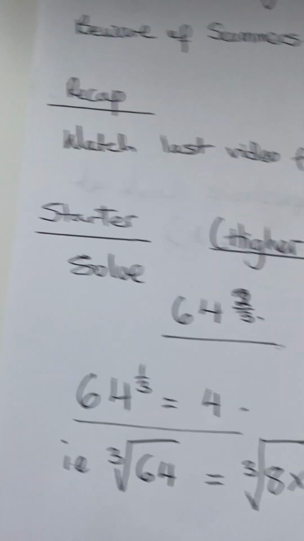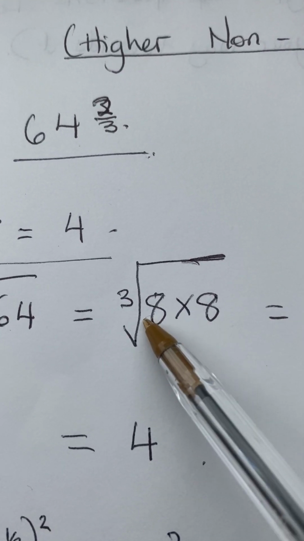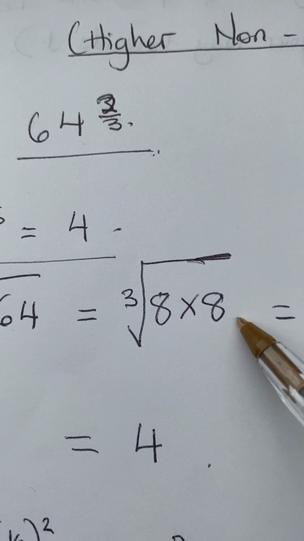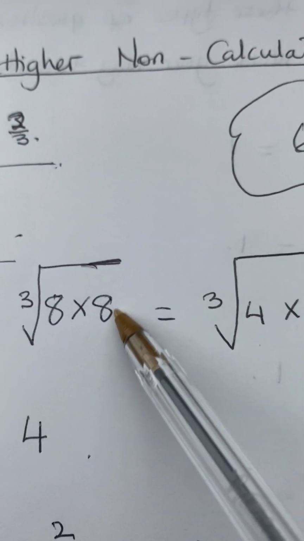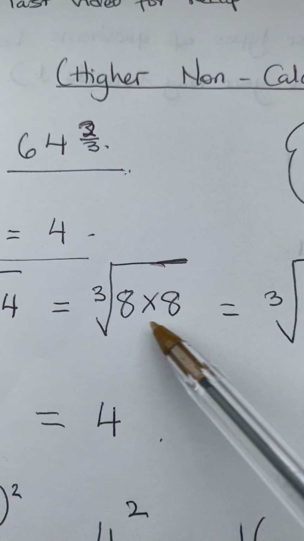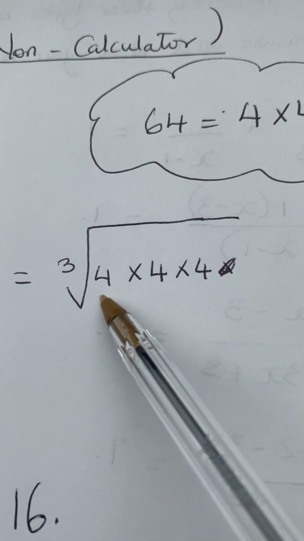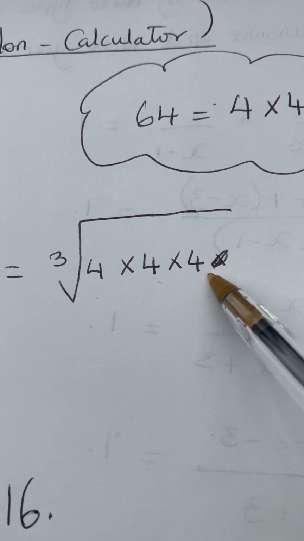Okay, so now this 64 here, you can look at it as 8 times 8, and the cube root of 8 is 2, so 2 times 2. Or you can look at it as 4 times 4 times 4.